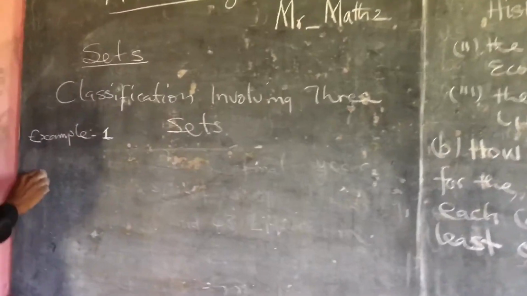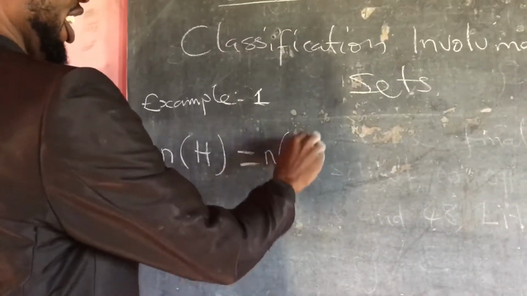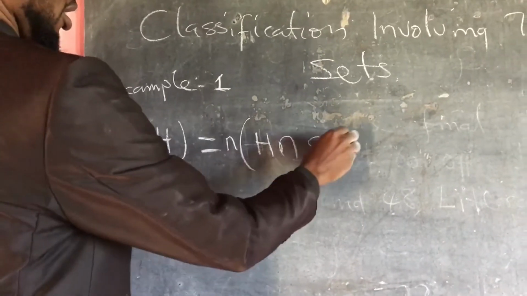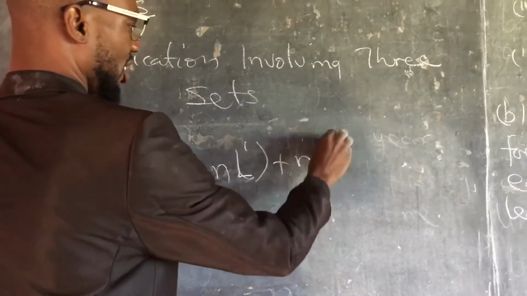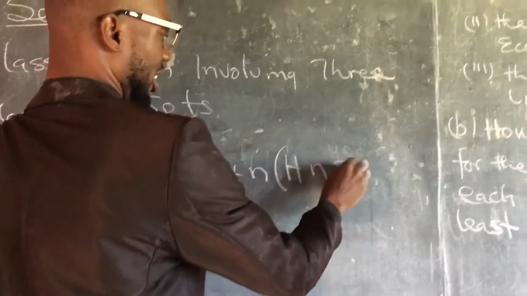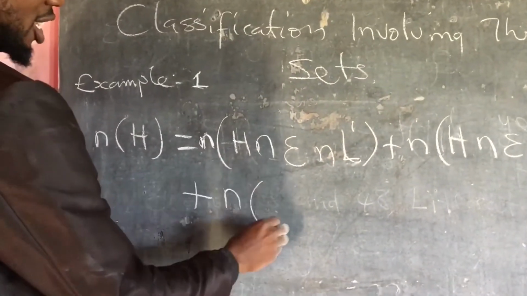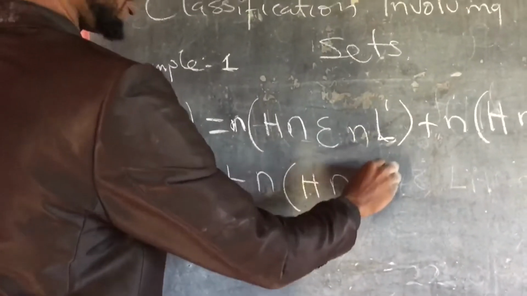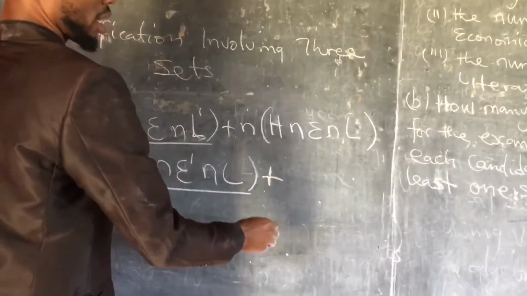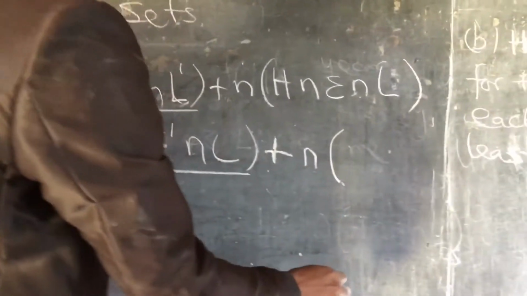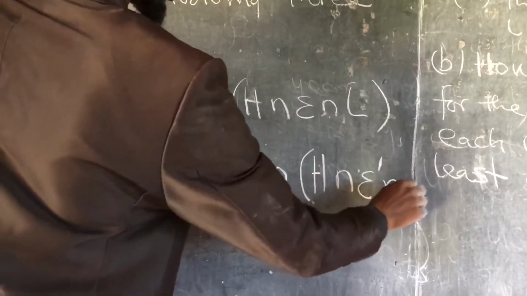That is, the cardinality of our set H is equal to all those parts I have collected: the cardinality of H intersect E intersect L complement, plus the cardinality of H intersect E intersect L, plus the cardinality of H intersect E complement intersect L, plus the cardinality of H intersect E complement intersect L complement.